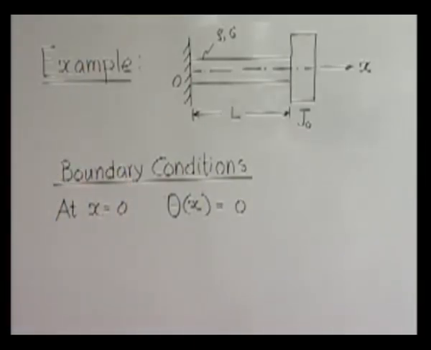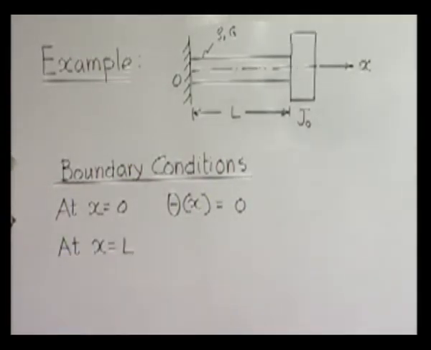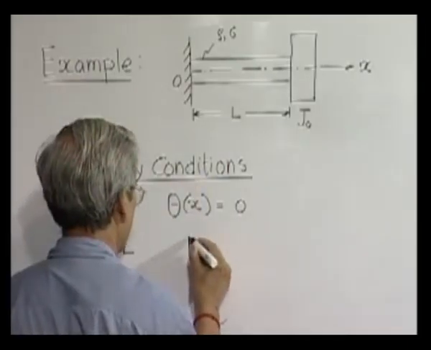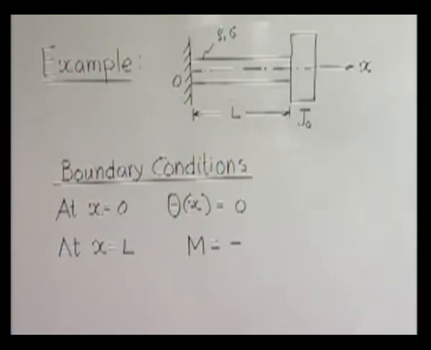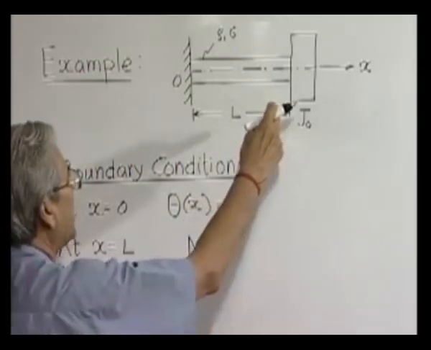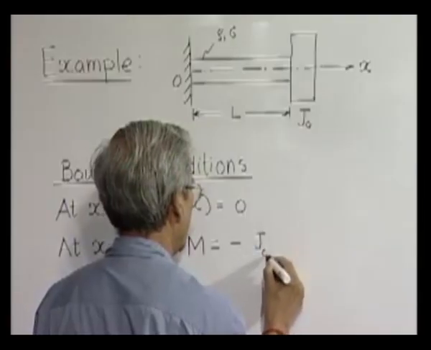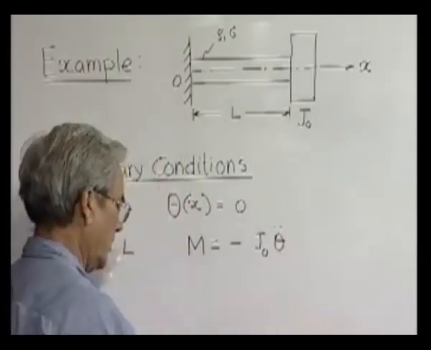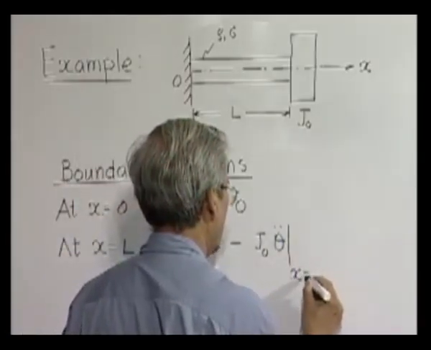At x equal to L, the moment which is acting on this will be equal to the inertia loading. Now, the inertia force or inertia moment, the torque acting on this, will be minus J0 into theta double dot. Theta double dot at x equal to L.